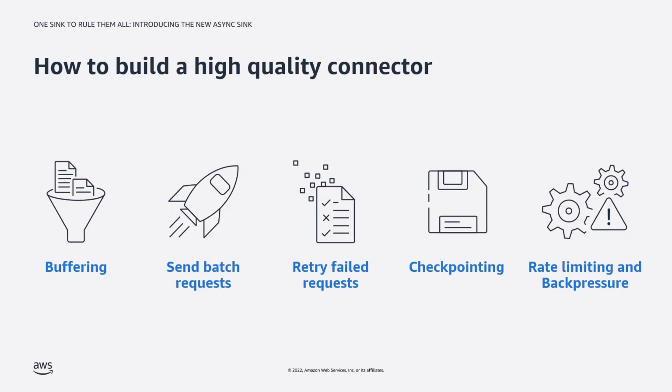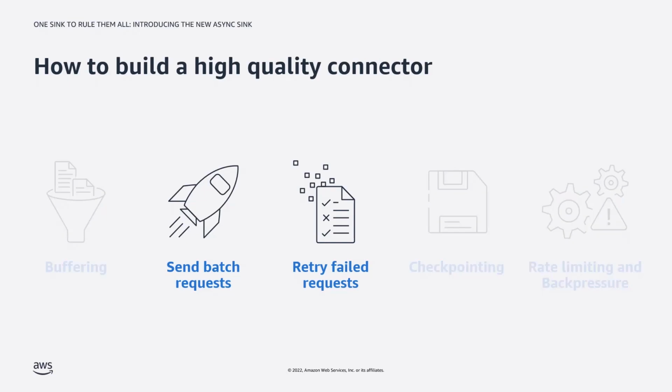So we wanted to be able to support many more destinations with Apache Flink, but we're facing the challenge that it's hard to build and maintain connectors, in particular if they are developed independently. So we took a step back and realized that most connectors have very common requirements. They all do buffering and retries and checkpointing and rate limiting.